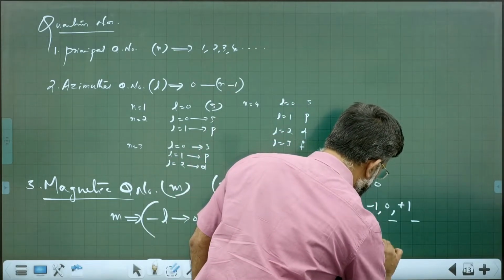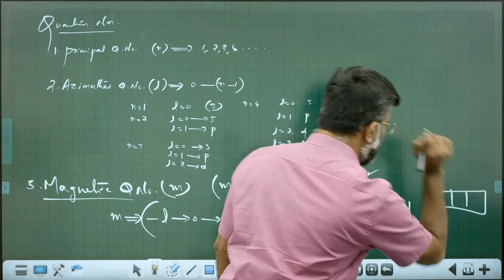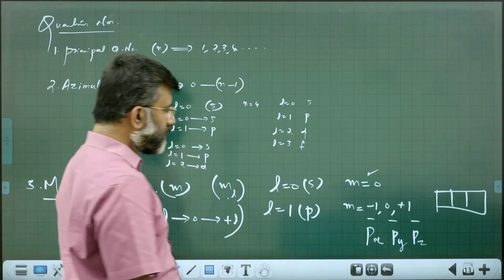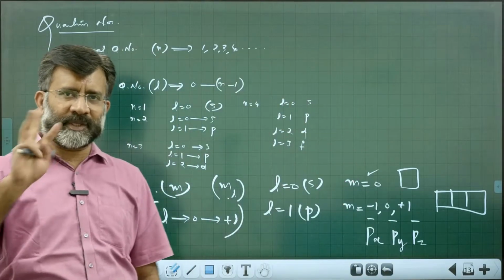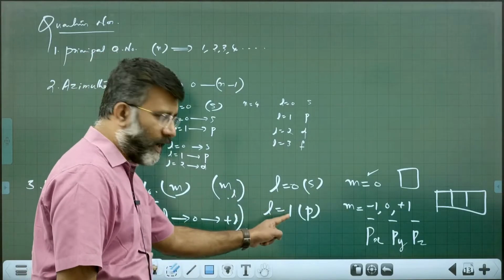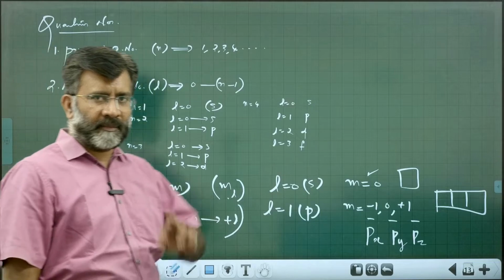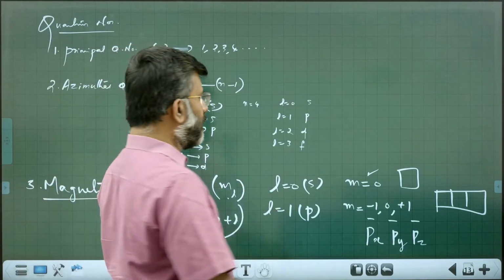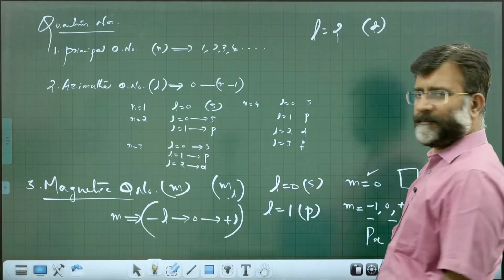I am sure all of you know it is Px, Py, Pz. There are three orbitals. For S, you have only one orbital. For P, you have three orbitals because you have three values. How three values? L equal to 1, and the values are minus L to 0 to plus L: minus 1, 0, plus 1. What about if L equal to 2? That is D subshell.